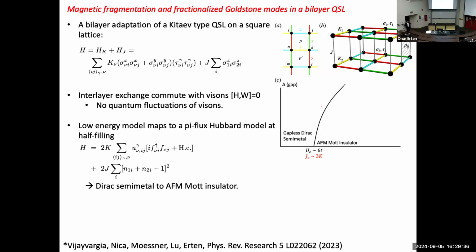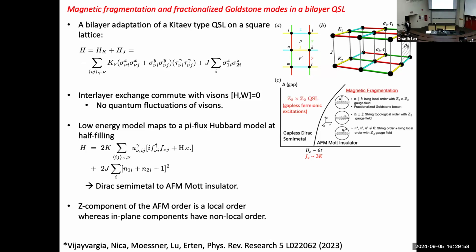And what people found is that at low interlayer exchange, you have a gapless Dirac semimetal, and this becomes an antiferromagnetic Mott insulator at a critical value. This is in terms of our effective degrees of freedom. When we convert this back to our original spin and orbital degrees of freedom, we find that the antiferromagnetic order parameter, depending on where it points, gives rise to different types of phases.